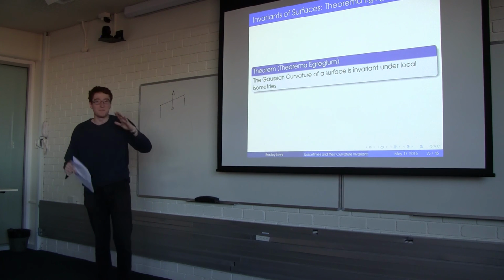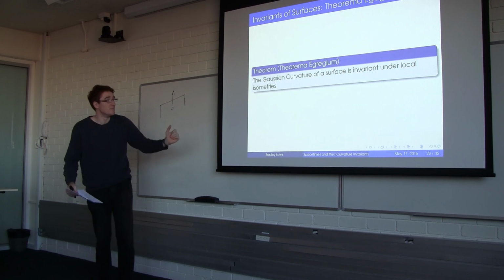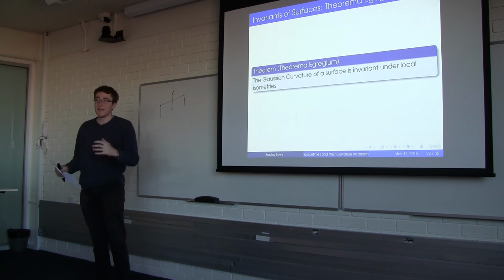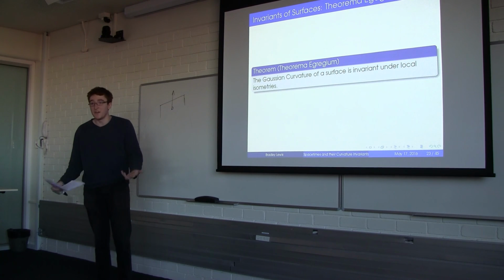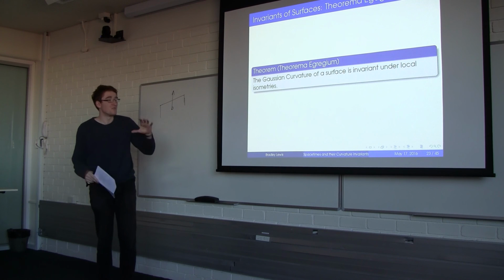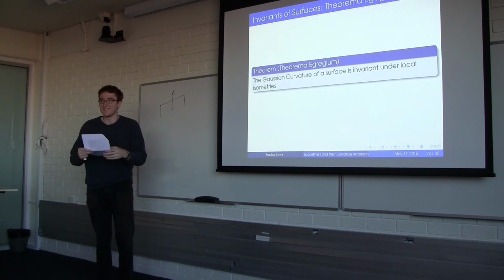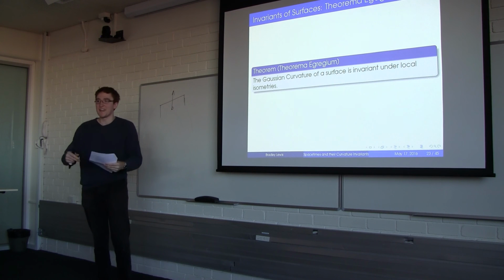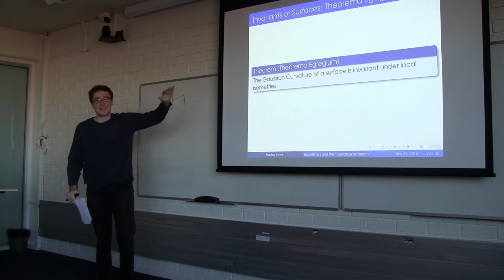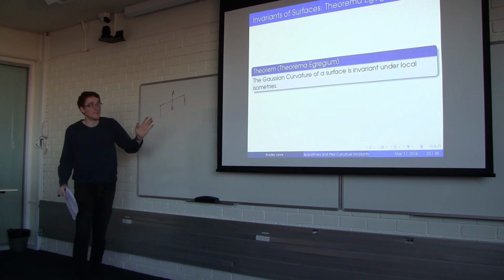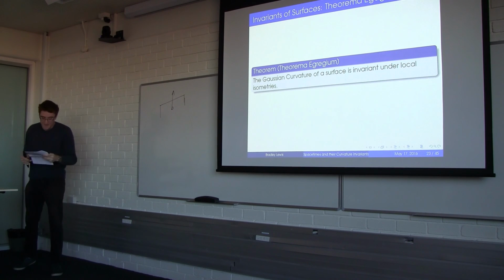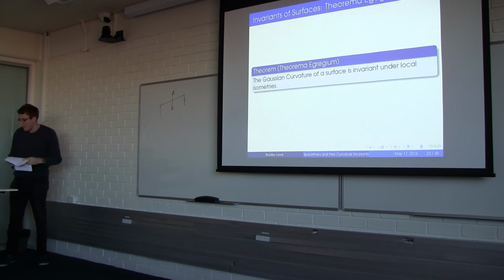One of the big applications of this theorem is that a sphere and a plane have different Gaussian curvatures. So you can't project a surface onto a plane without distorting the distances, which is why when you try to get a map of the world on a piece of paper, at the poles the distances become really, really distorted. And this theorem says basically why that happens.